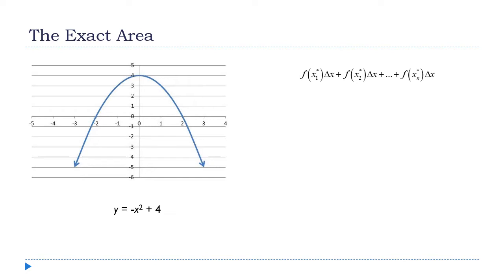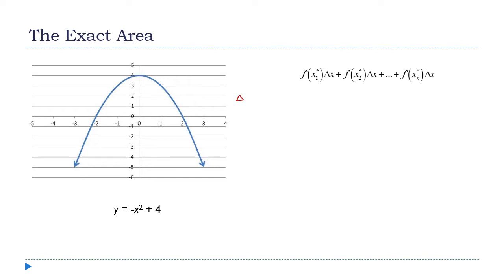Instead of dividing this into a specific number of intervals, like we did 1, 2, and 4, I think, in the first lecture in this chapter, I'm going to do this using a variable. I'm going to divide it into n intervals. So what does that mean? Well, what is delta x in our Riemann sum here?